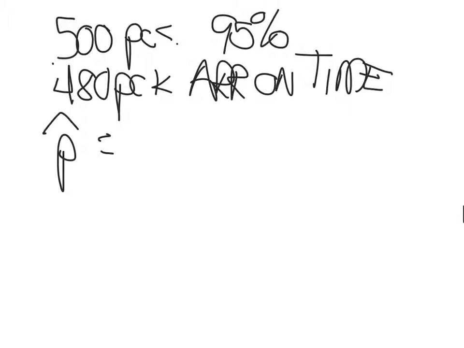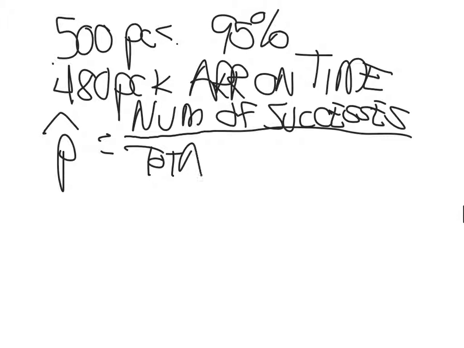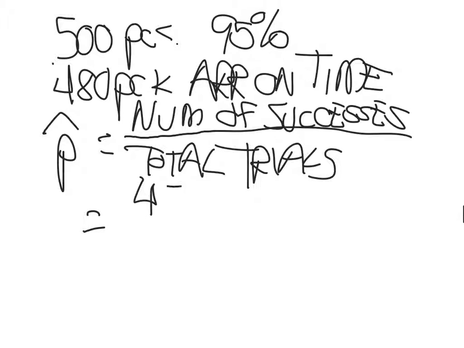So, how do I construct my p hat? So p hat is the number of successes, and successes is going to be context driven. All of these are going to run off stories. Over total number of trials, if you think of it like that. So in this case, I had 480 packages that arrived on time out of a total of 500 packages, and the dog is sitting on my calculator.